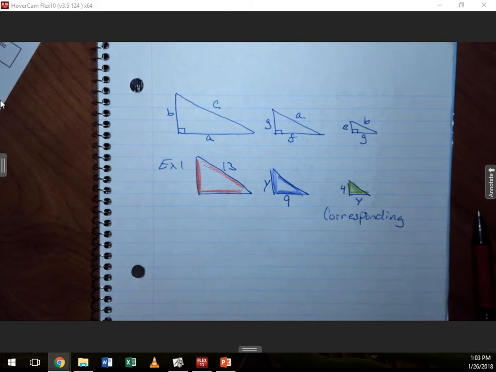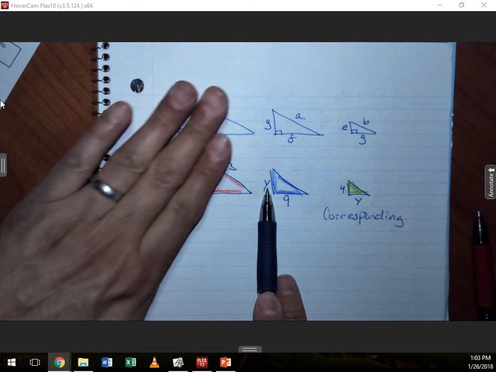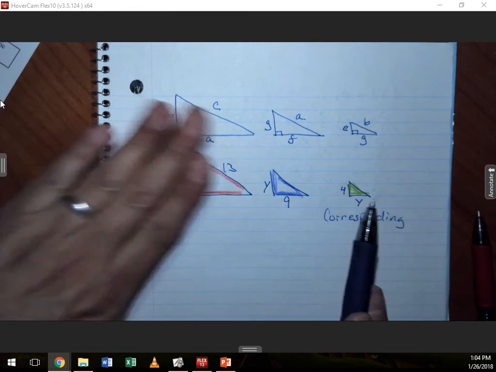What does corresponding mean? 90 degrees? Not 90. That is not corresponding. That's complementary. Corresponding means they go together. So since this one only has one side, I can't deal with this one yet.